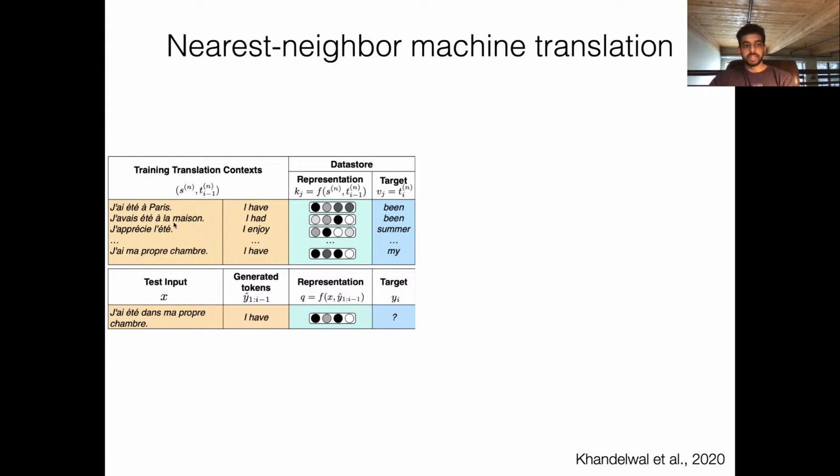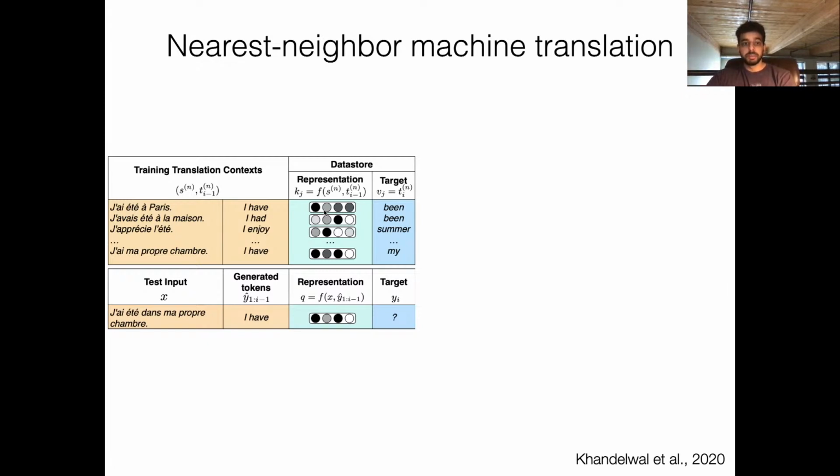So imagine in my training data set, I have a bunch of sentences and English decodings, and at every point during decoding, during training time, I also have these hidden states. So my knowledge store from Realm was a bunch of representations of documents.